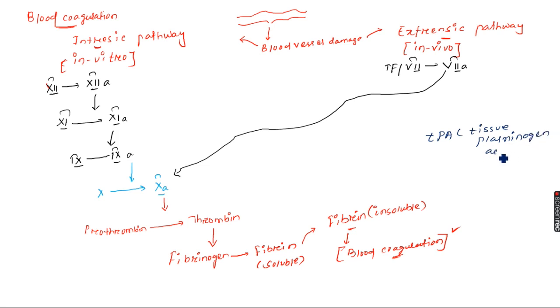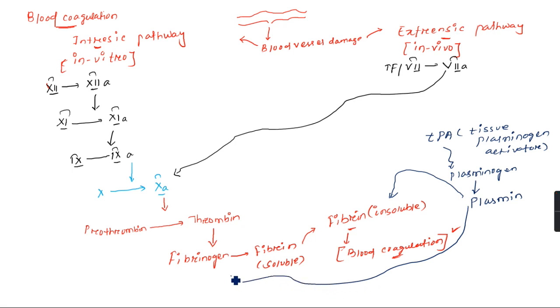What this tissue plasminogen activator does is it activates plasminogen. Then plasminogen activates plasmin. Plasmin acts on fibrin, and plasmin can also act on fibrinogen, and due to this activation the net result is degradation of the products.